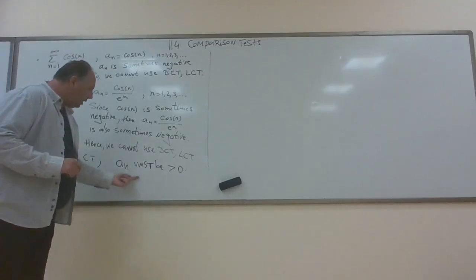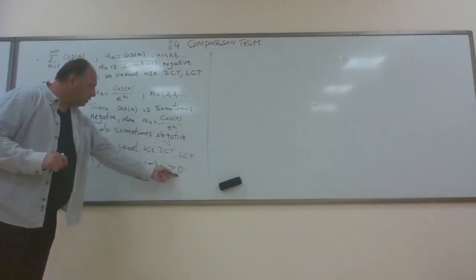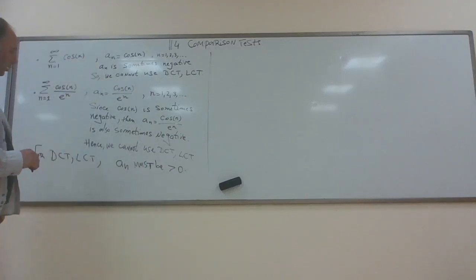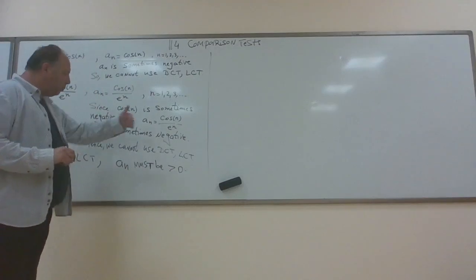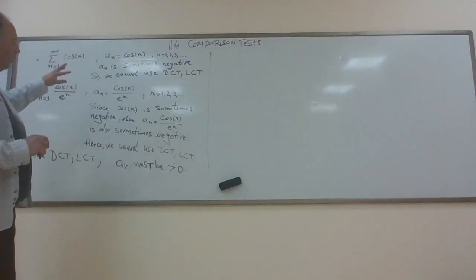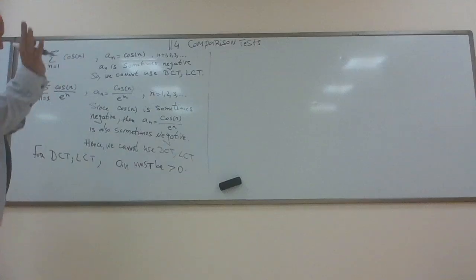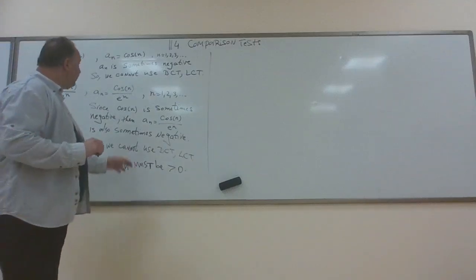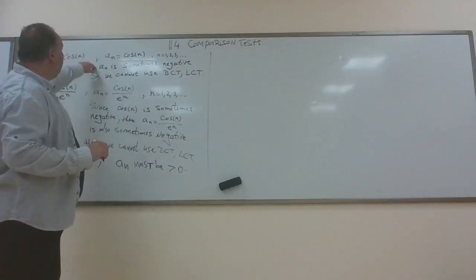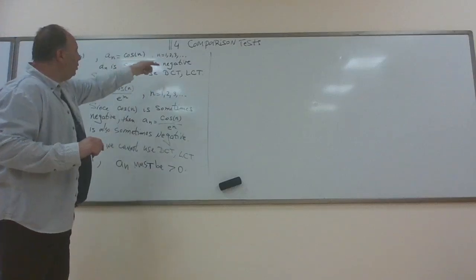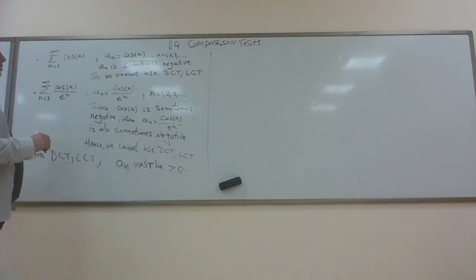Because both of them require that the general term is positive, at least from a certain point on. So maybe your first 2, 3 terms are changing sign, and then after that everything is positive. That would be okay. But in this situation, we generate systematically along the way positive and negative numbers.